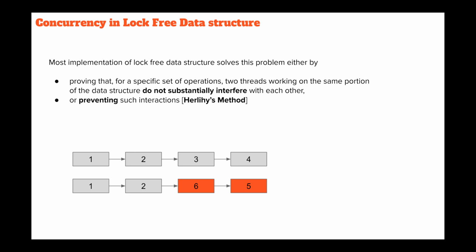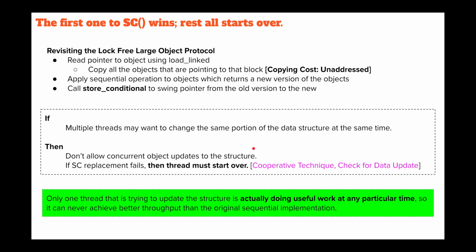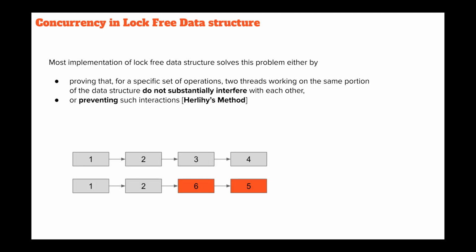Let's say in this case 1, 2, 3, and 4. Let's say we want to modify the 3 and 4 nodes, and we want to make them 6 and 5. When we modify 4 to 5, we'll be copying the entire object set, and then making the changes on the entire object set. We'll be doing store conditional on each of these nodes.